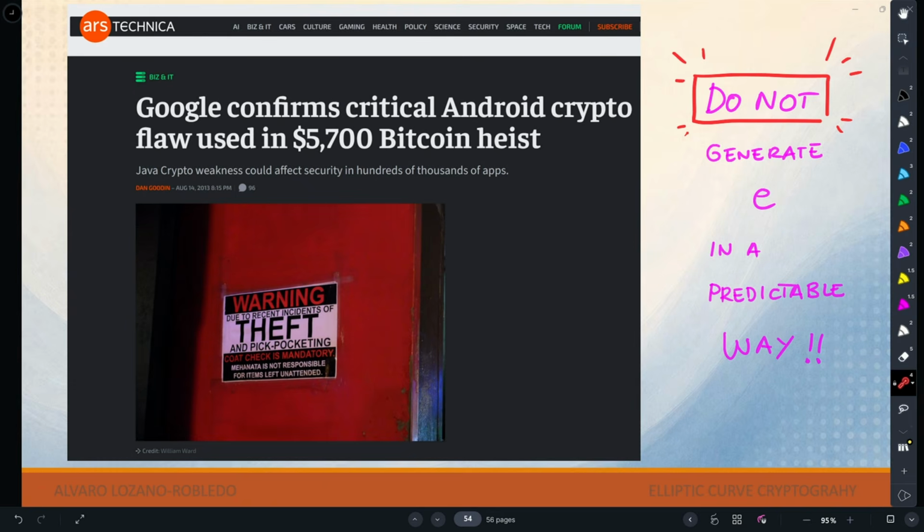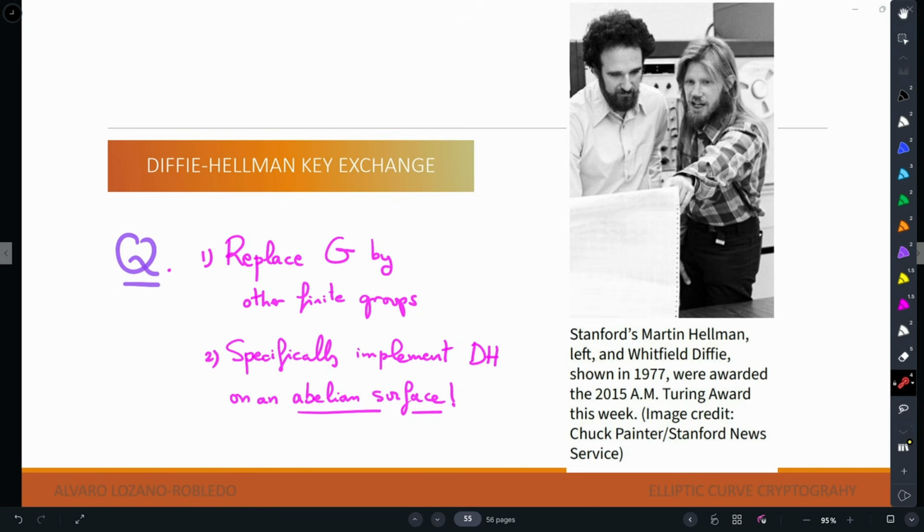It started repeating itself, so they could figure out what the pattern was, or what the function was, and then crack that. And I believe it was one of the first Bitcoin heists, by somebody who had learned elliptic curves at some point and knew how to crack this code.